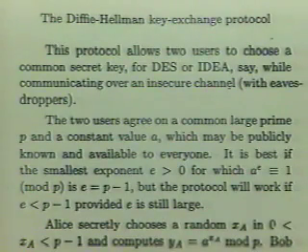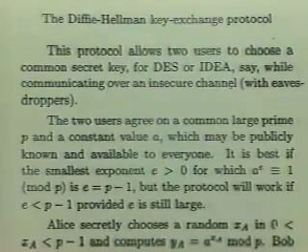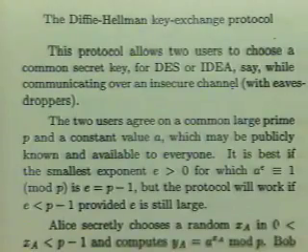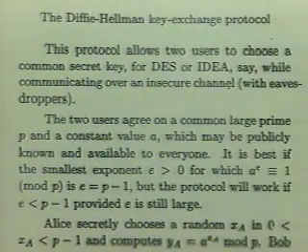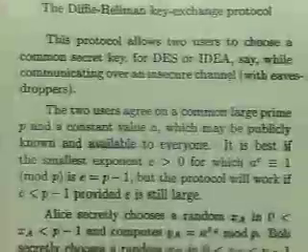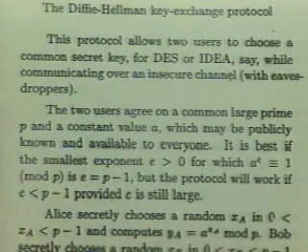Alice can't just say, "Hey, why don't we use this key," and send the key over the network, and then Bob say, "Okay, let's use it," because the eavesdropper will hear what the key is, and will be able to decipher their communications. So here's how they can choose a common key in such a way that eavesdroppers who have the same computing power can't find out what it is.